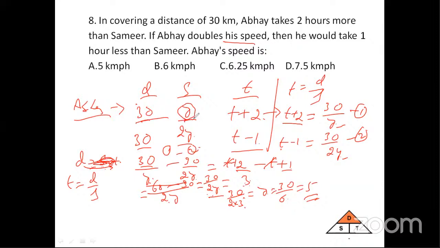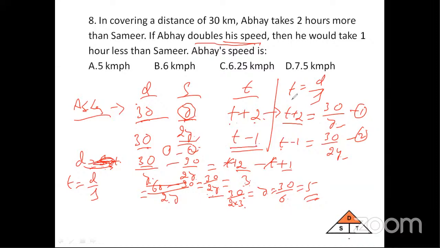Abhay speed was y. We didn't know the speed. So the time was 2 hours more than Samir's. So t plus 2 we took. This is equation 1. Second, when distance is same, but Abhay doubles his speed, it becomes 2y. He would take 1 hour less than Samir. So t minus 1.